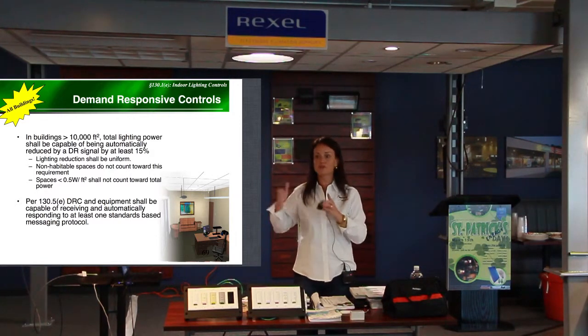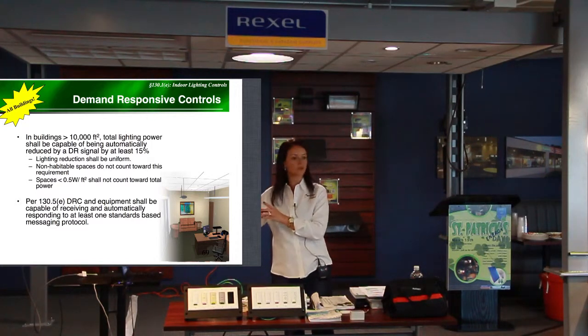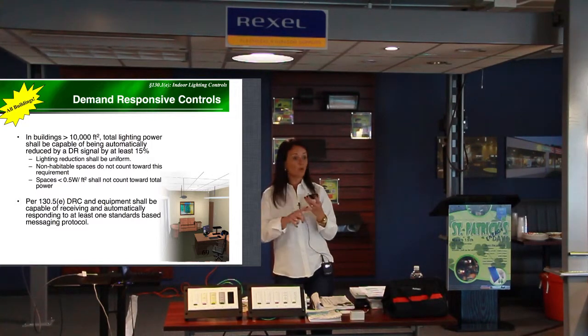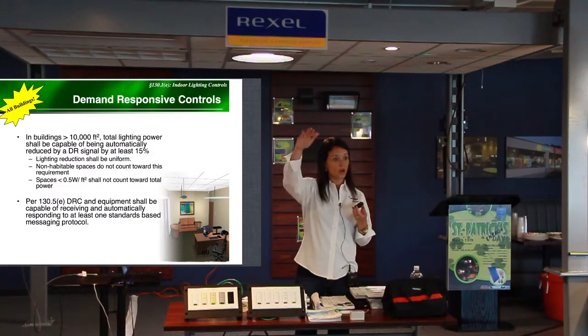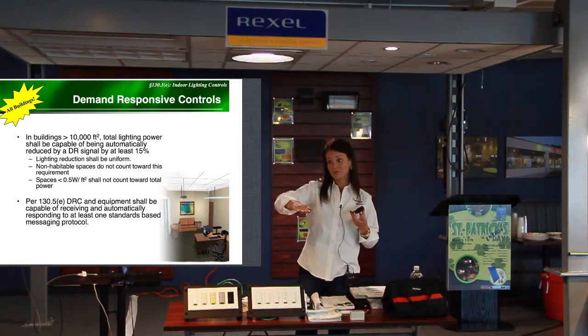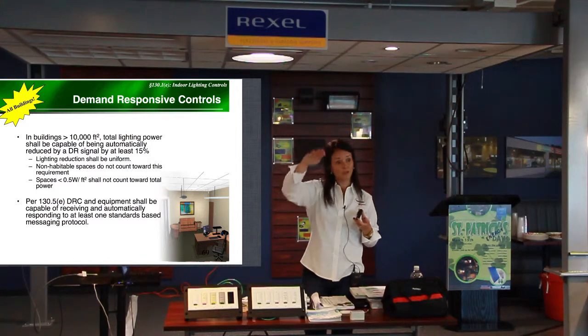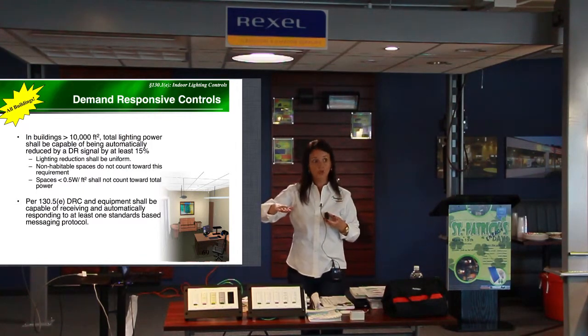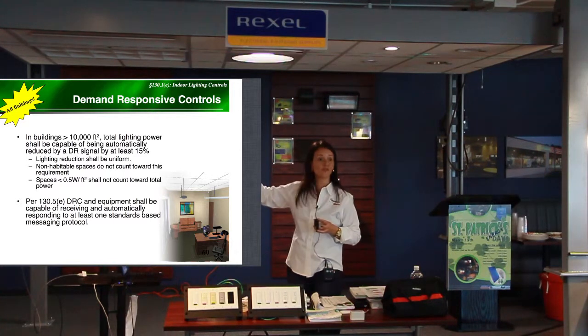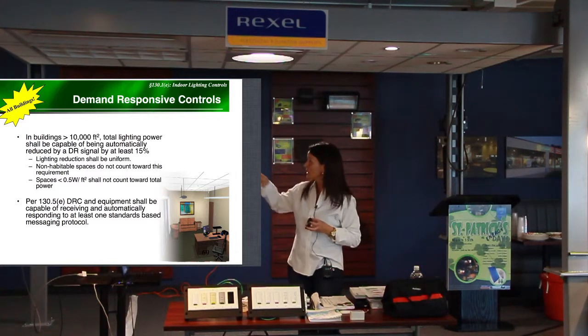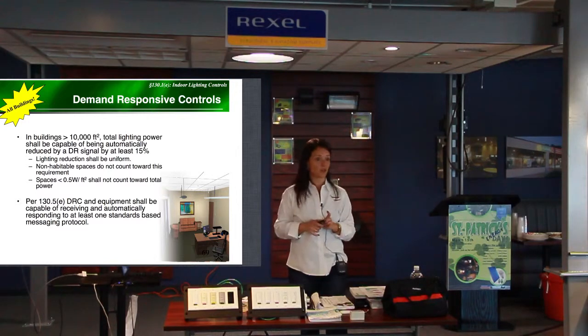So it doesn't say everybody needs to follow demand response controls. You need to be pre-wired, and you have to have a dedicated zone able to drop your total lighting power by 15%. It used to be retail, and used to be a higher square footage. Now it's every single building greater than 10,000 square feet.